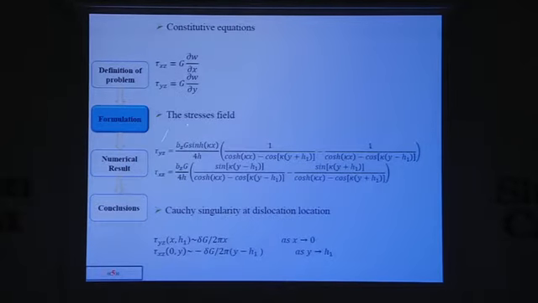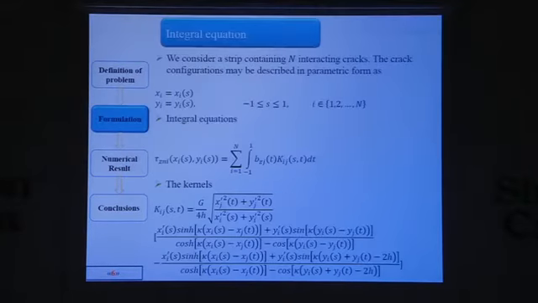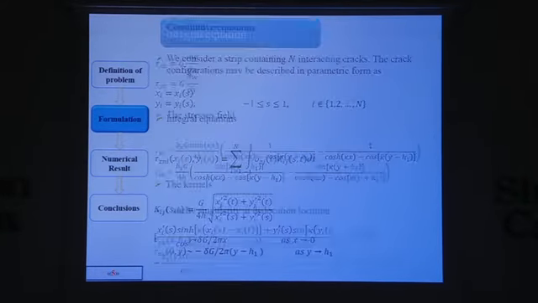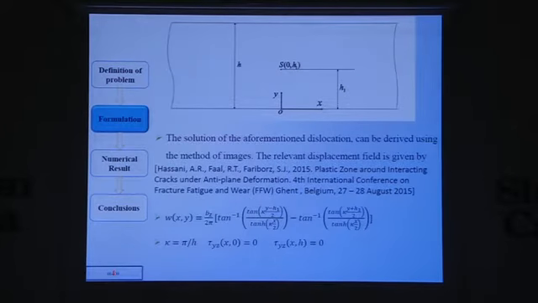This is the constitutive equations for anti-plane deformation. By substituting the displacement into these equations, we will find the stress components. It's easy to show that the stress component satisfies the traction-free condition on the lower and upper edges, here and here.